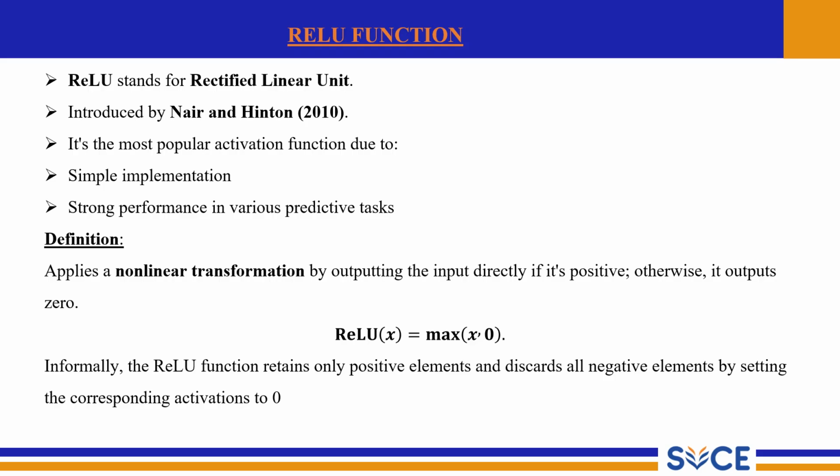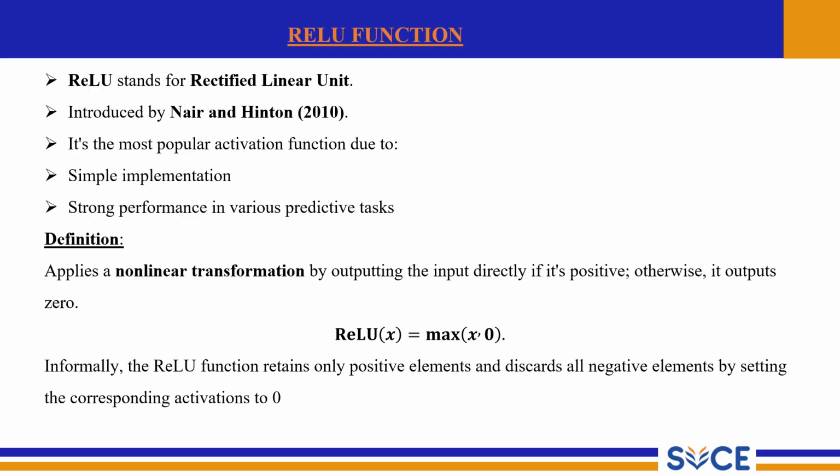Here is how it works. ReLU applies a non-linear transformation by outputting the input directly if it is positive and 0 if it is not. Mathematically it is defined as ReLU(x) = max(x, 0).